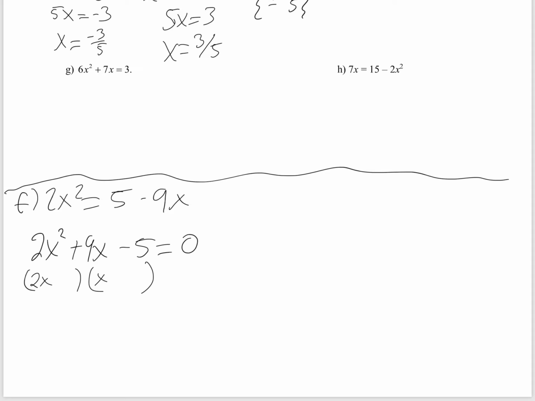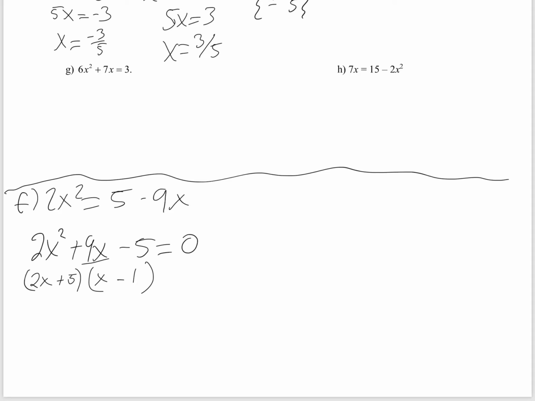And then maybe I would look at the last number, which is a negative 5, and ask myself, okay, what gives me a negative 5? Well, it can be a positive 5 and a negative 1. Maybe it works out like that. But then if you check your answers there, you're not going to get that 9 from these numbers. Okay, so it doesn't work that way.